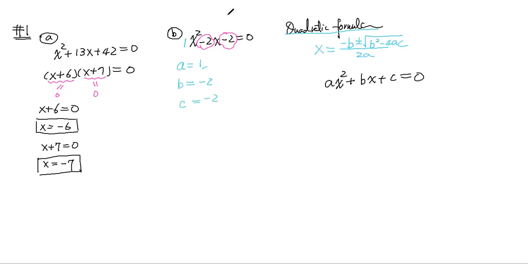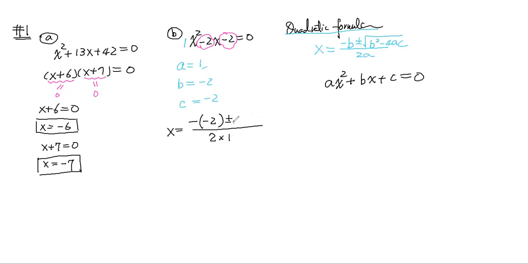Okay, so now let's substitute into the formula. So x is equal to, 2a is 2 times 1. Negative b, right? What is b here? It's -2, so be careful about your negative sign.